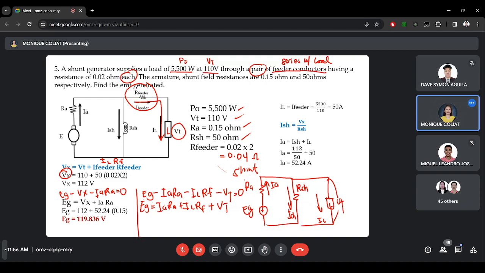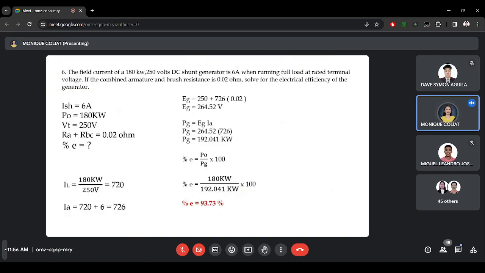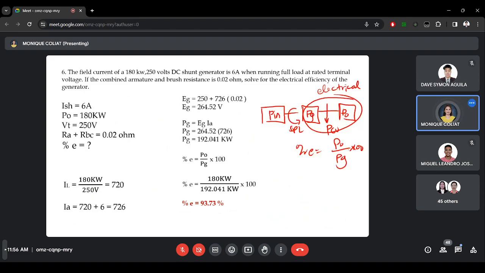Ayan. So ito yung ating shunt generator.